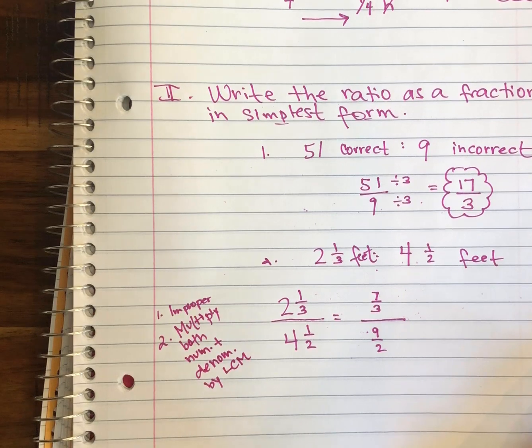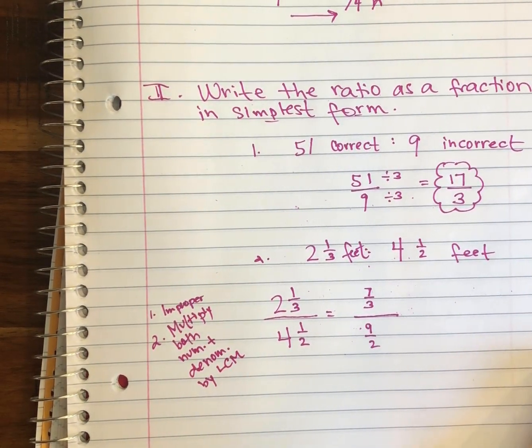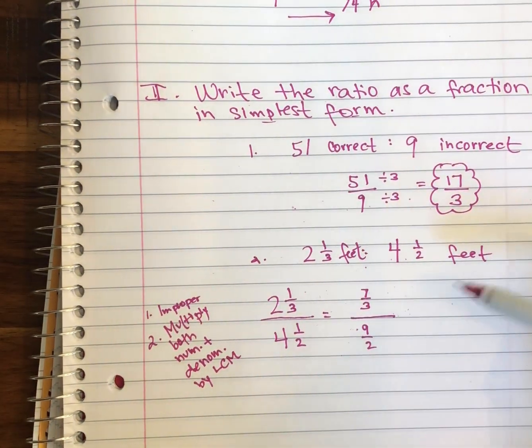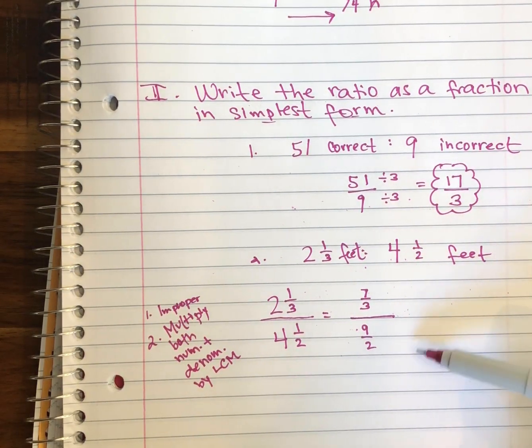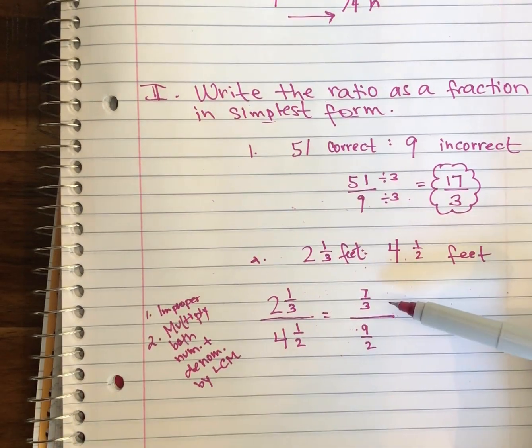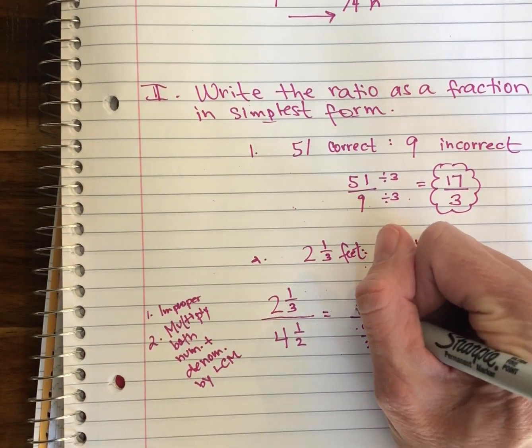The reason we're going to do that is because it's going to get rid of the denominators. Remember, anytime we multiply the numerator and denominator by the same thing, it gives us an equivalent fraction. So when we multiply by the LCM, we're just going to get an equivalent fraction that doesn't have fractions in it. Let's take a look at what I'm talking about.